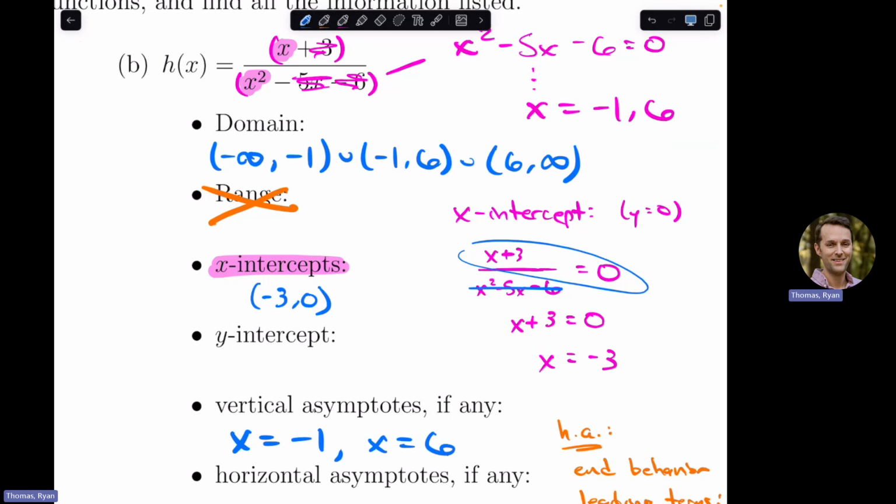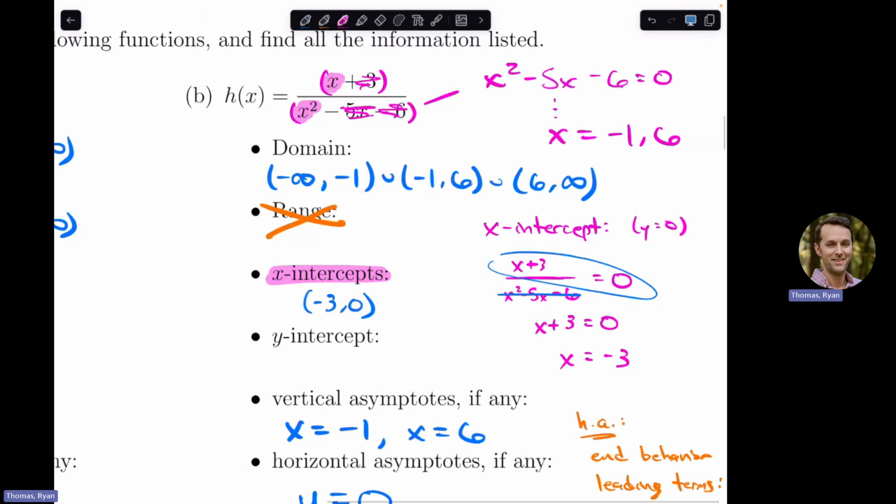Okay. What about the y-intercept? Let x be 0. If you plug in 0, what do you get? 3 over 6, 3 over -6, which reduces.